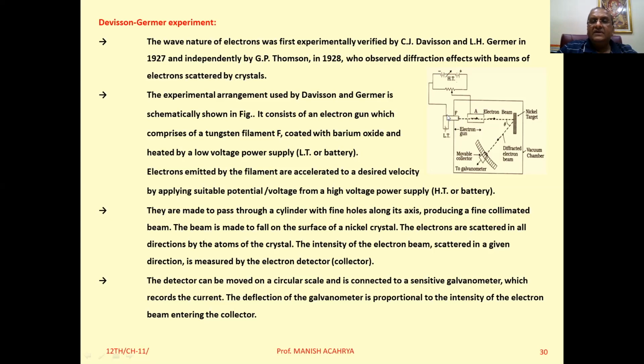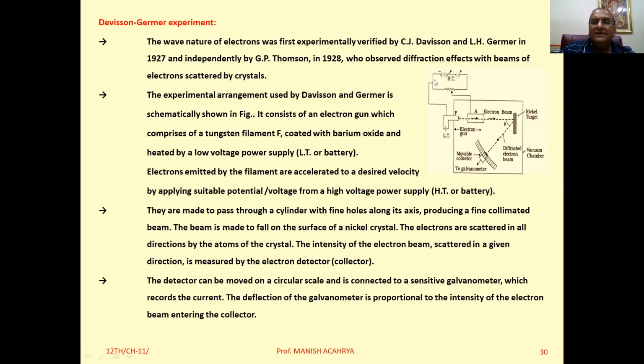And then the electron gun was connected with high tension, meaning high potential difference, and another cylinder was placed against it with two holes on its axis, so that when the electrons emitted from the electron gun enter this cylinder, they are accelerated due to the high tension potential difference, and a well confined, collimated beam of electrons is prepared.